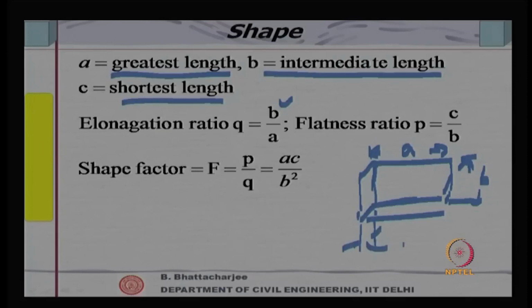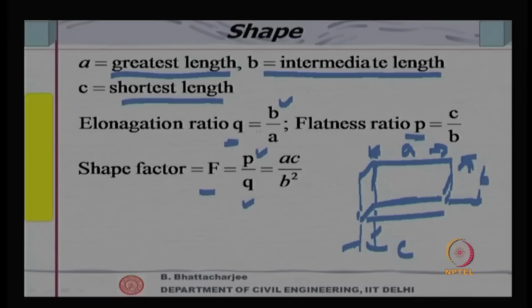Then elongation ratio is B by A, flatness ratio is C by B. Shape factor one can talk in terms of P by Q, that is flatness ratio divided by elongation ratio, and AC by B square.